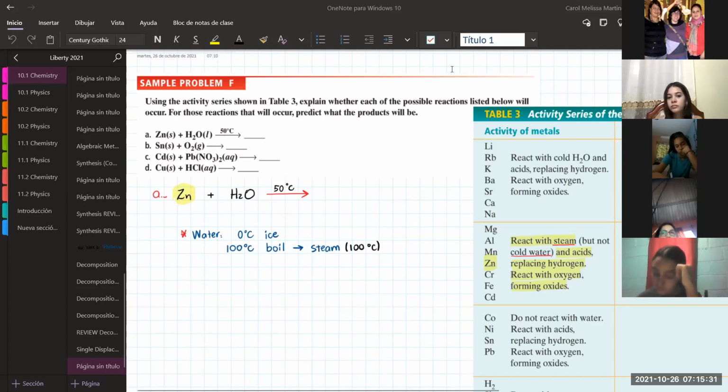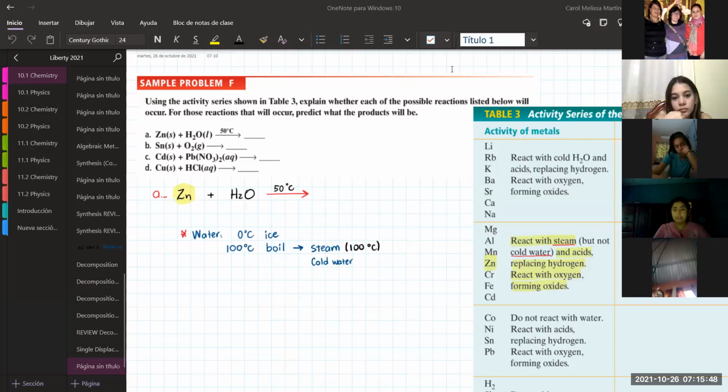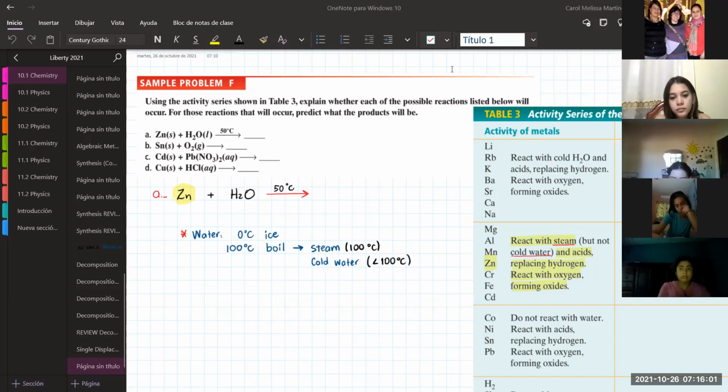Now, if you have any other temperature, okay, below 100 Celsius, it is going to be known as cold water. Even if it is 99, chemically it's cold water. Okay? So that is very important that we know the difference.